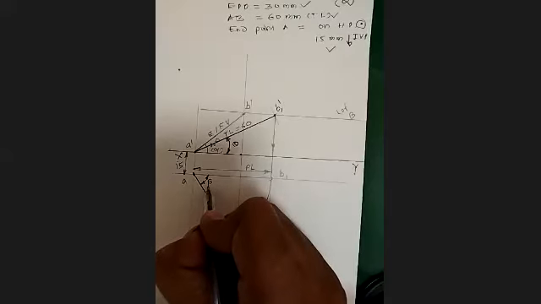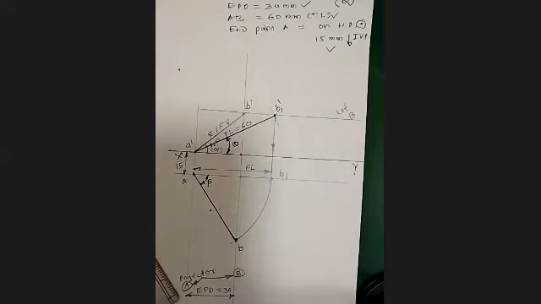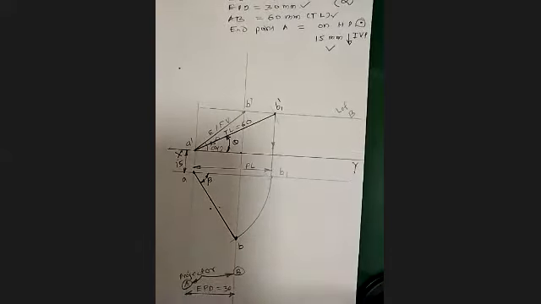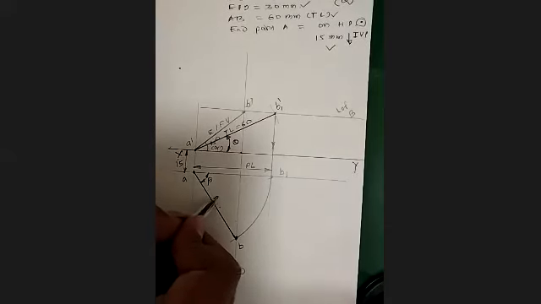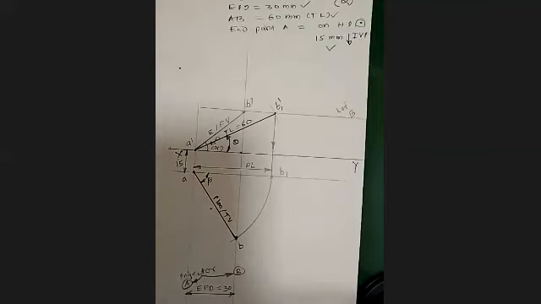Phi. Yes, please. So beta. Beta, absolutely right. This angle, because this is going to give you the plan. This line AB is nothing but your plan, or we can say top view. Okay, right?